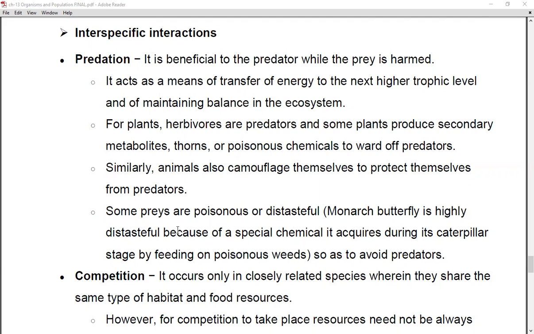For the plants, which are the prey, the herbivore animals are the predators. But some plants have the ability to produce secondary metabolites as well as thorns, which can hurt you, and in the same way the herbivores are hurt by those thorns.